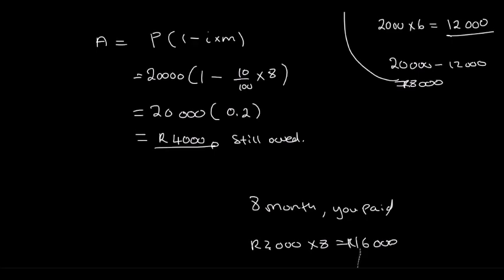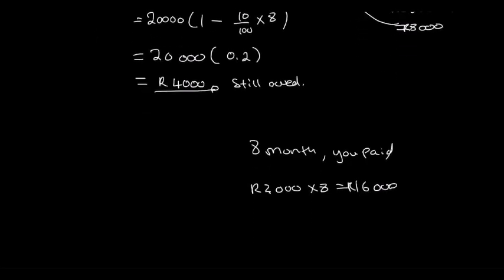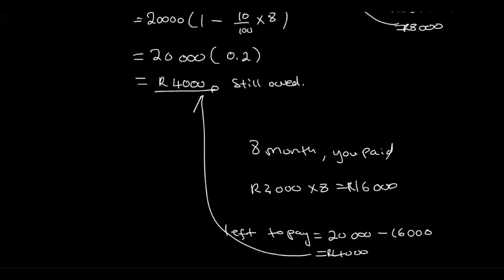And if you paid 16,000 rand, how much should be left to pay? Obviously it is the original amount, 20,000 minus 16,000, which gives us 4,000 rands, and that makes sense. I just wanted to show you that that formula gives you the amount you still owe, not the amount you have paid.